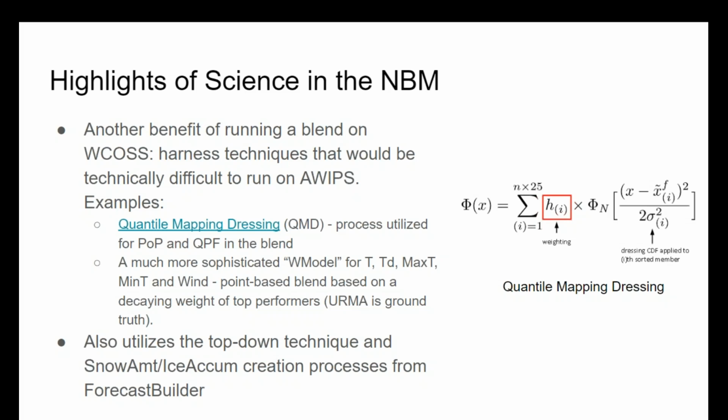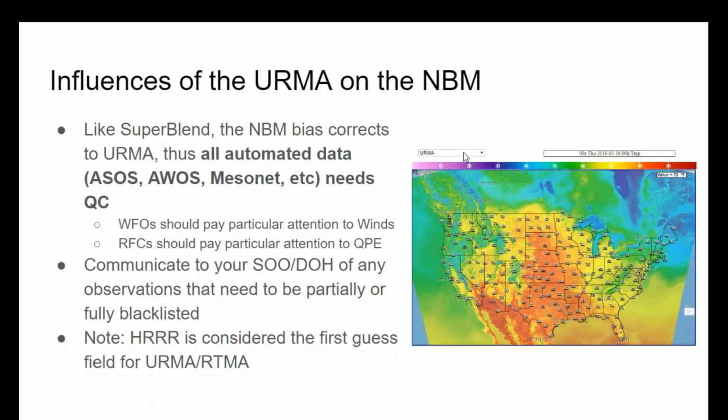And it should be noted that the URMA is utilized as ground truth for these. Another science part is that the top-down technique for snowmelt and ice accumulation, that's utilized in Forecast Builder, is also in the NBM.